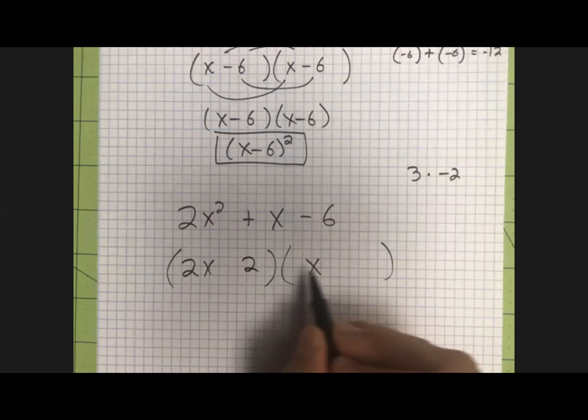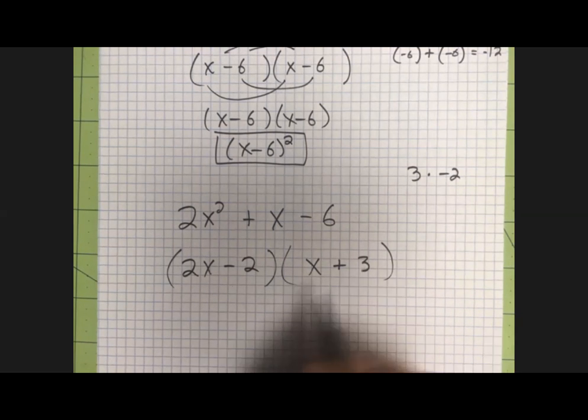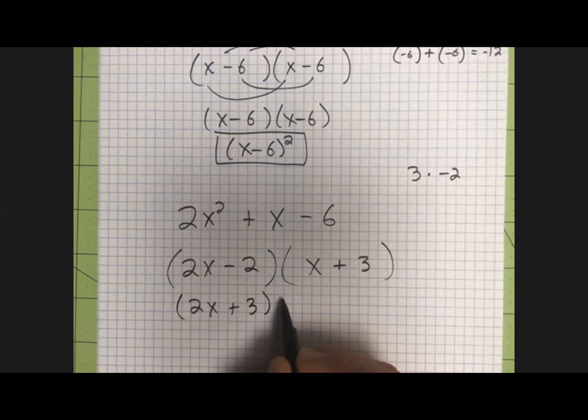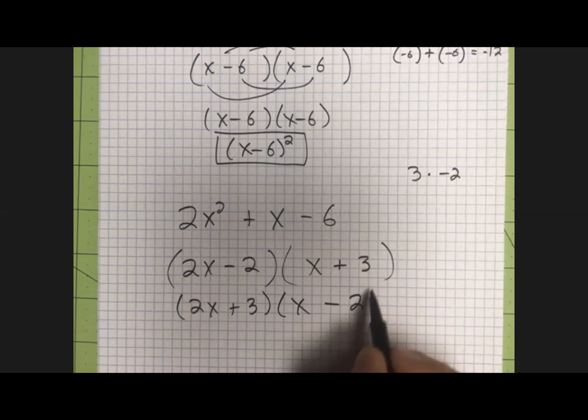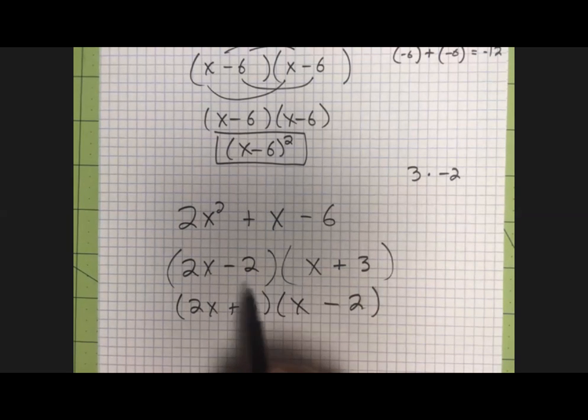But I don't care where you put those two. This won't work. You can't just put in the 3 and the minus 2, because both times you fail, right?